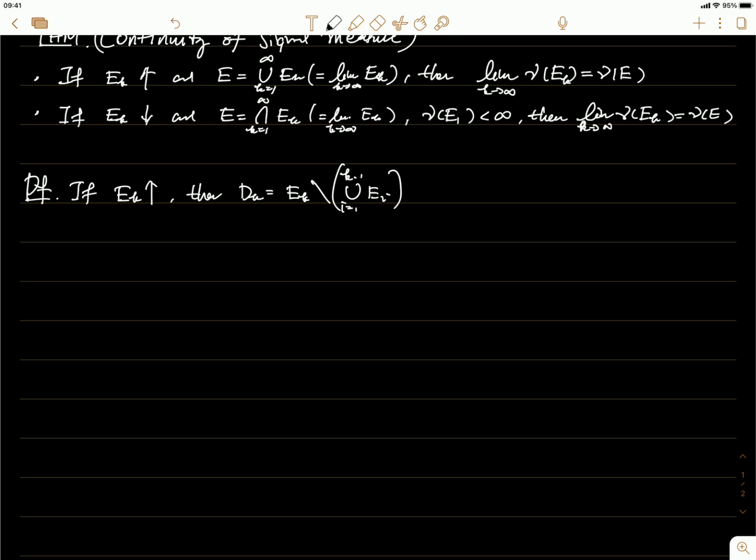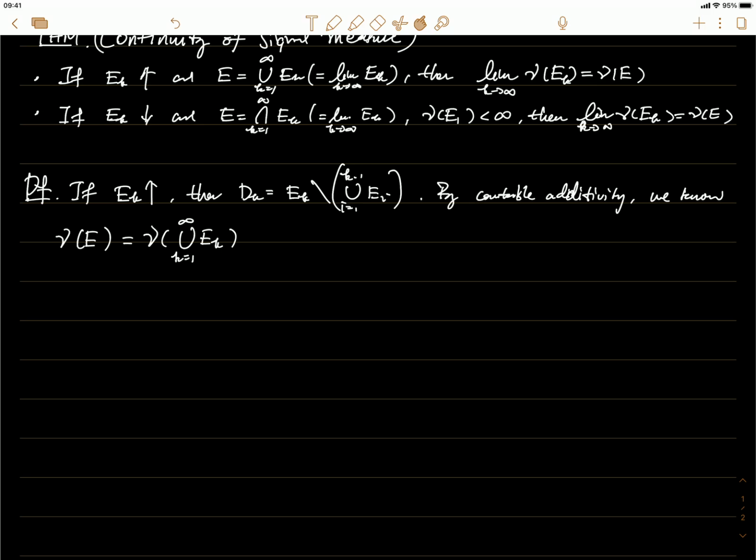Okay, we can take this. Then by countable additivity, which is a third property of the signed measure, we know the signed measure of E is just the signed measure of this union of ek, right?